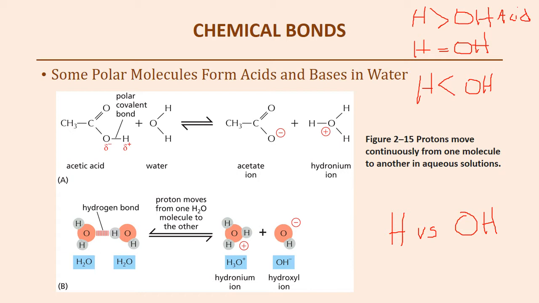If we see that it's equal, then this would be considered a neutral solution. And our last option, if the hydroxide exceeds the hydrogen, then you're looking at a base. And instead of base, some people like to say alkaline solution. Both answers are completely acceptable.